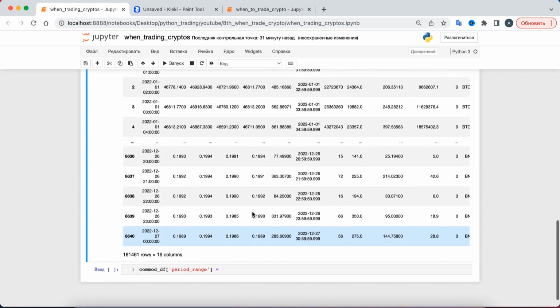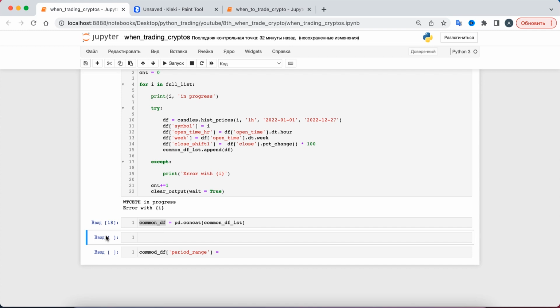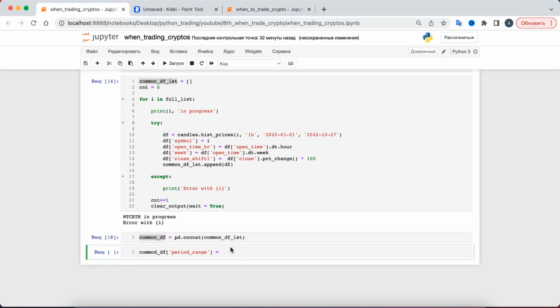To measure the period range, we just subtract the low price from the high price, and this range will show us the volatility of the period. It's, in my opinion, a very easy approach, but very helpful.